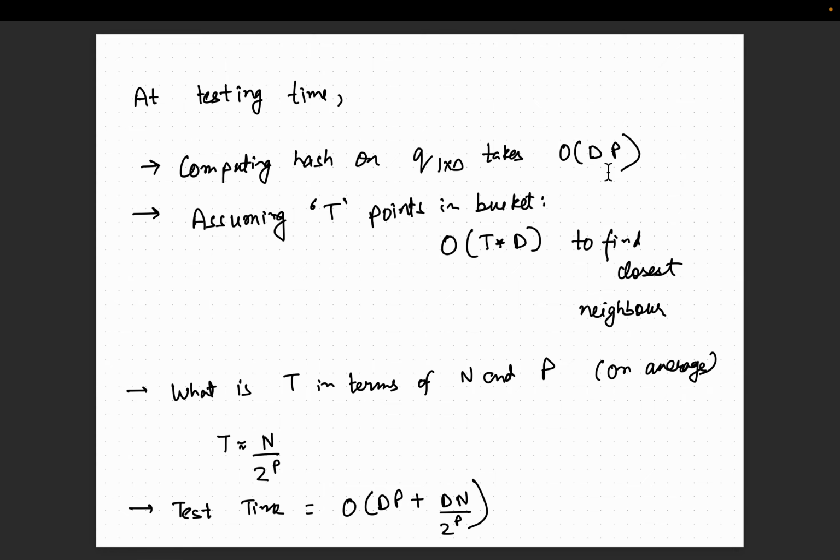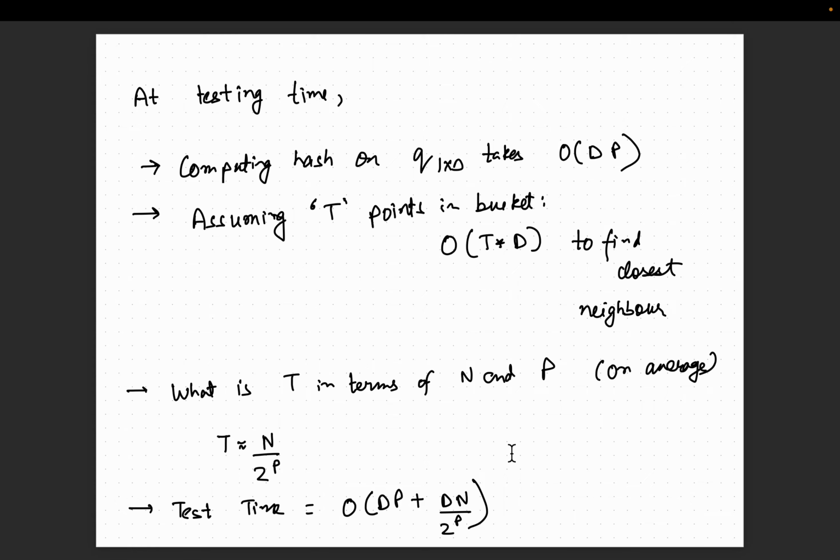Therefore, the test time might be order of dp plus dn over 2 to the power p. So dp time for computing the hash, and dn over 2 to the power p, which is t into d. If I substitute t equal to n over 2 to the power p, I get this expression: dp plus dn over 2 to the power p.